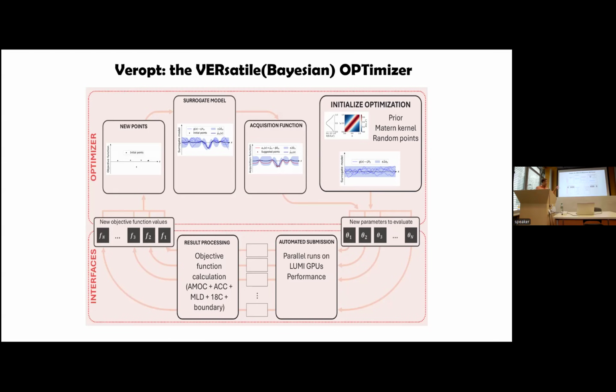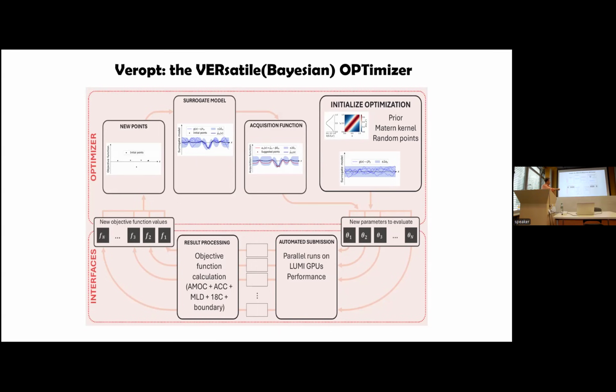In this particular problem, we look at the mixed layer depth. We want to optimize the mixed layer depth, which is a critical issue in many ocean models. To make sure we don't deteriorate the rest of the solution, we also add the AMOC strength, the ACC strength and the 18-degree centigrade isotherm into our loss function.